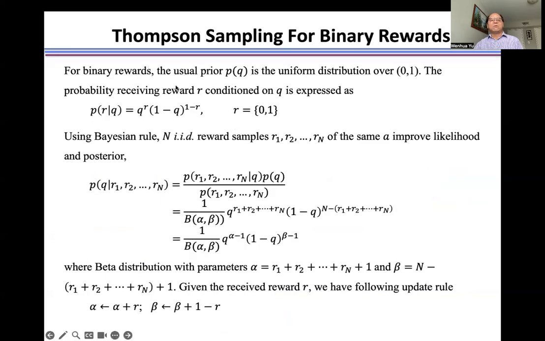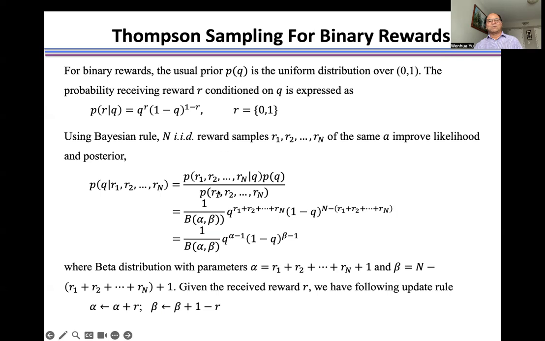For the binary reward, usually the prior Q is a uniform distribution over 0, 1. So we know the probability of receiving reward R is expressed in this formulation. If the samples are IID, then we can express the posterior in this formulation. Here is the likelihood, this prior, and this partition function.